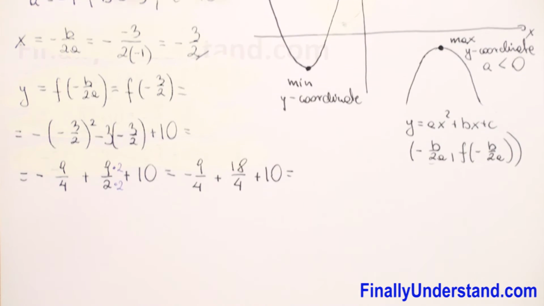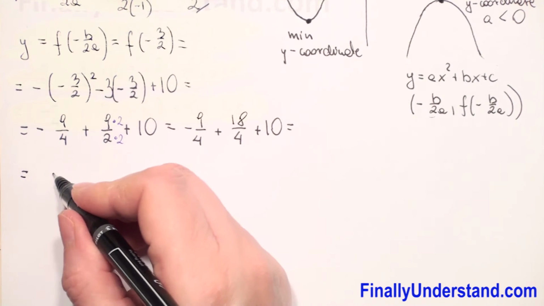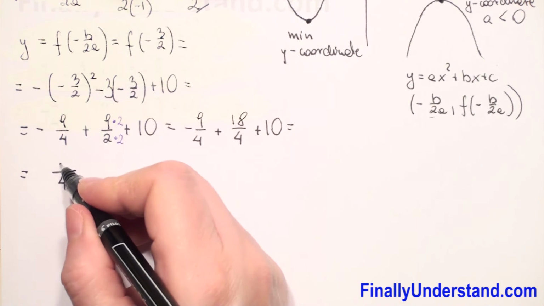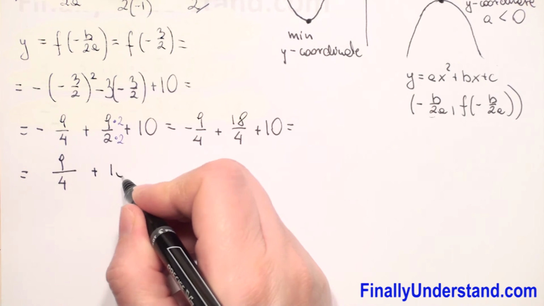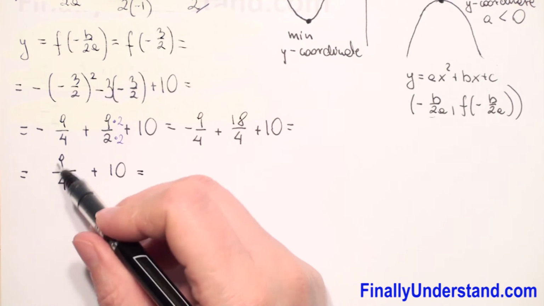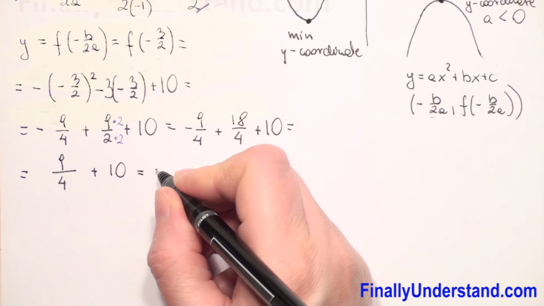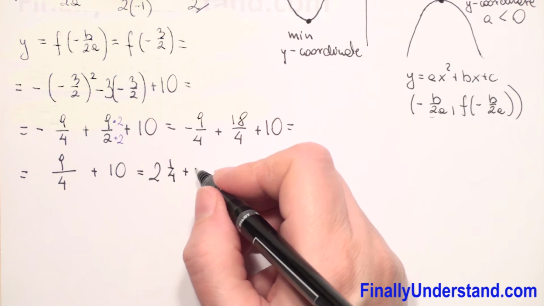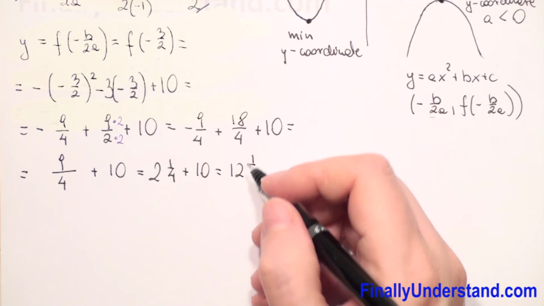We have the same denominators, so we copy the denominator and we have negative 9 plus 18 is 9, plus 10. So this is equal to 9 over 4, an improper fraction, so I can change it to a mixed number: 2 and 1 over 4 plus 10, which is equal to 12 and 1 over 4.